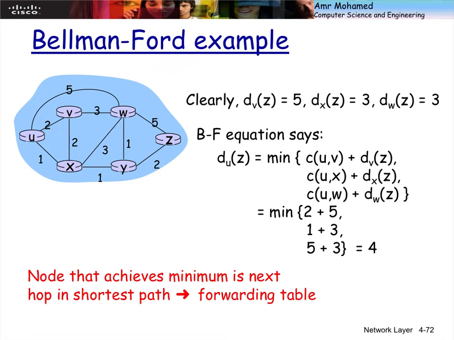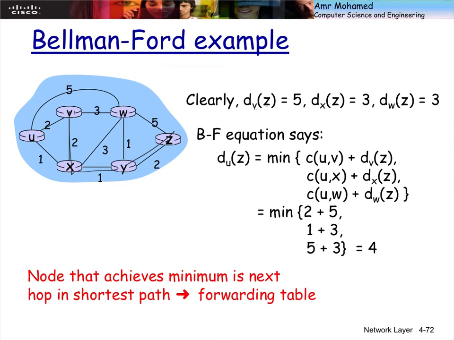So similarly, we need to calculate this Bellman-Ford. If I need to calculate the distance between V and Z, and this happens to be 5. How between V and Z? Through here, here, here. Okay.